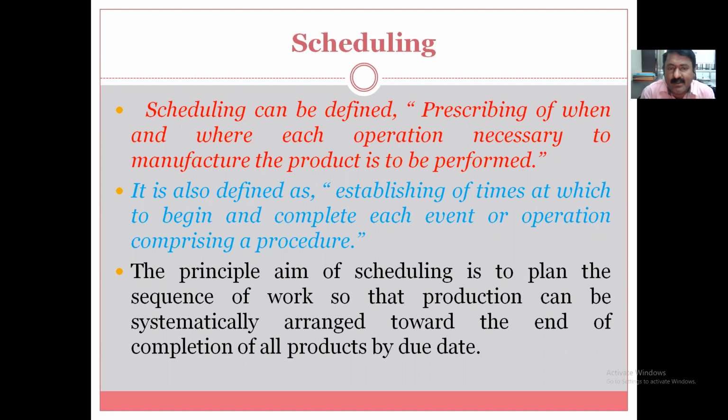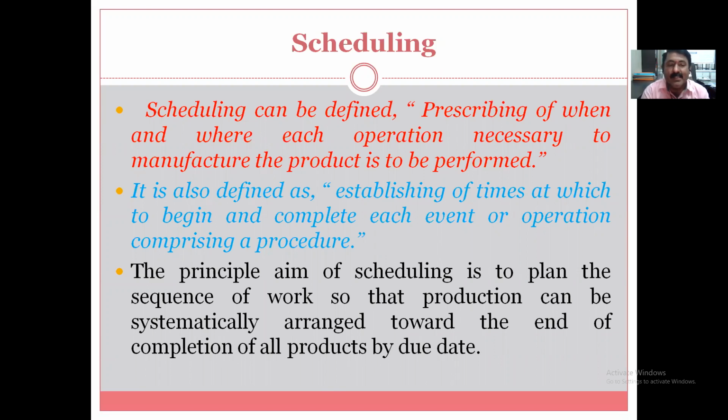Scheduling can be defined as prescribing when and where each operation necessary to manufacture the product is to be performed. So we have already discussed two major points: when and where. Consider any one operation: when that operation is required to perform and where. When it will start, when it will complete, has the essence of the time factor.